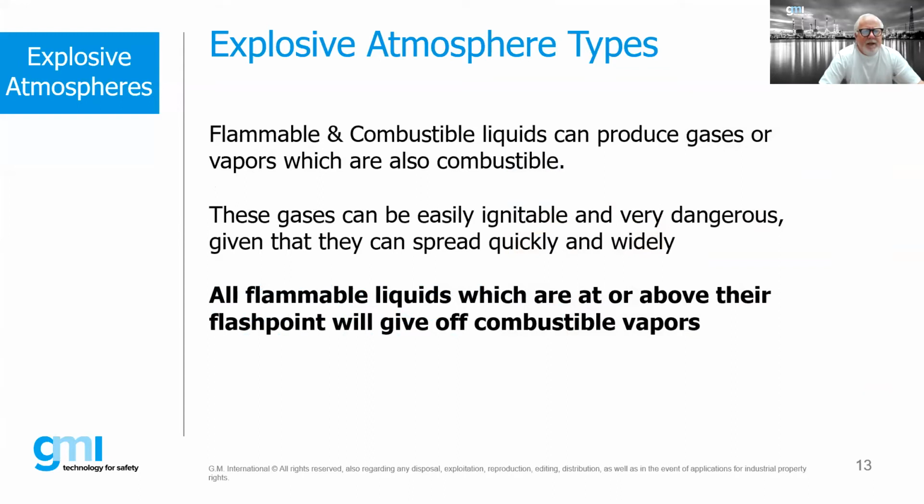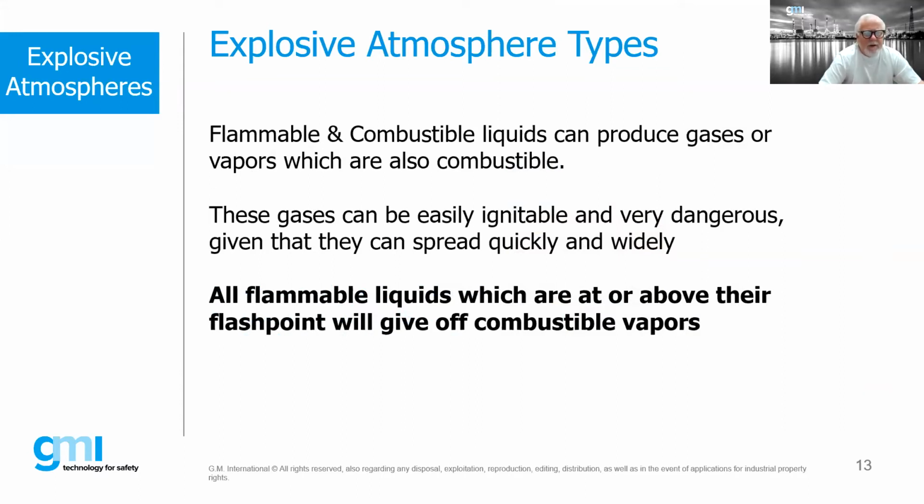There's a key term we talk about when we talk about EX. Almost every flammable gas starts off as a liquid, and at some point it becomes a combustible gas. The point at which a liquid becomes a gas is called the flash point.